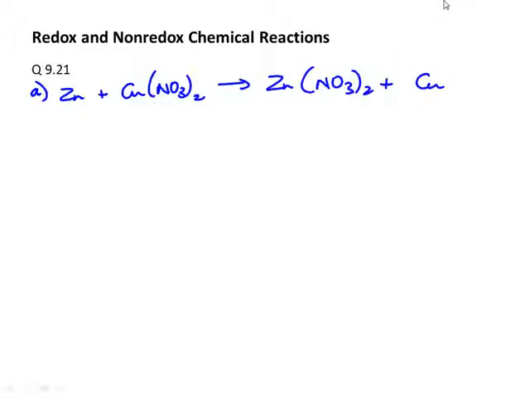Doing the same analysis, the oxidation state of zinc is 0 in the reactants but +2 in the products. Copper is +2 in the reactants but 0 in the products, which definitely suggests that this is a redox process. But besides being a redox process, zinc is displacing copper in copper nitrate to make zinc nitrate and kicking out copper as elemental copper. So this is also a displacement reaction.